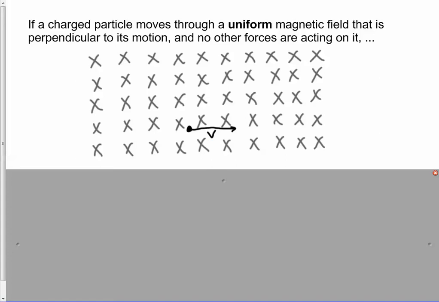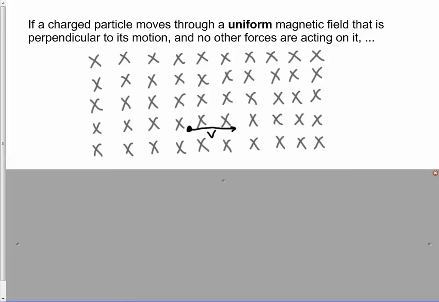Now again, using our right hand rule, put your right hand out to the right, so your fingers are pointing in the direction of the V. But this time you want your palm facing forward so that you can easily bend your fingers toward pointing in front of you, because that's the way the B field is going, right? So from V to B, and you'll notice that your thumb is pointing straight up.